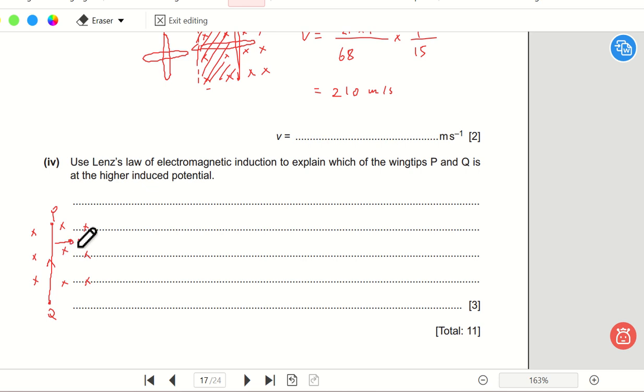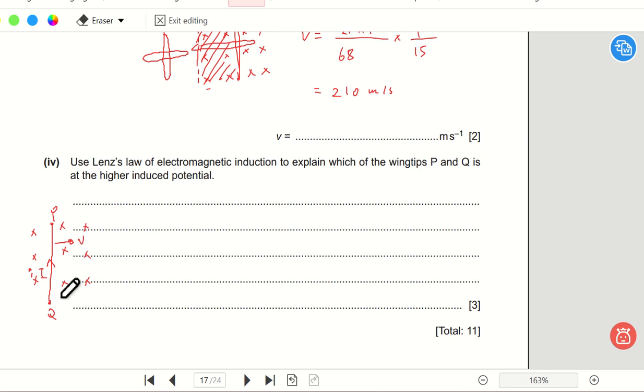Then you will find that your second finger points up. So the induced current is up. This is the induced current, I for induced and I capital for current.